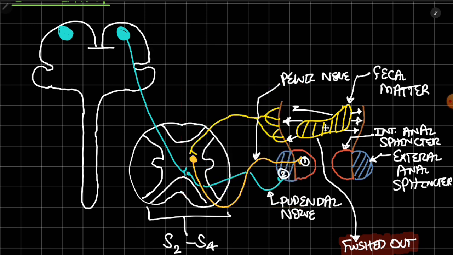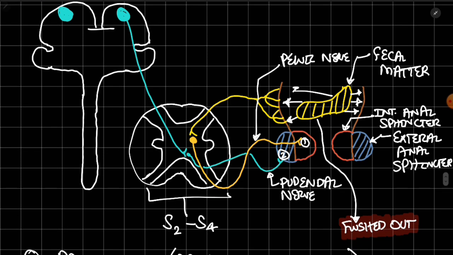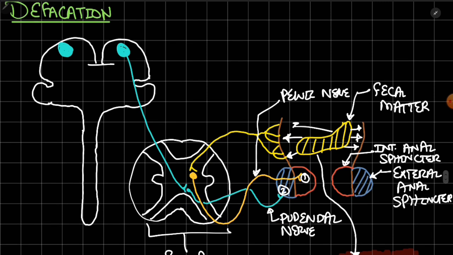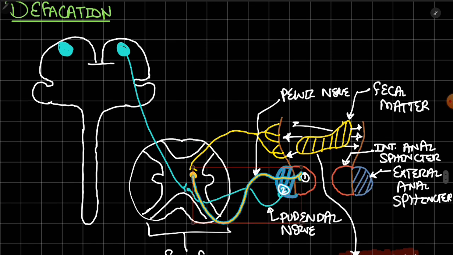This creates more and more pressure, and when it is urgent to go to the washroom, our corticospinal tract controls the motor activity and sends the signal to the spinal cord, and further this blue nerve was the pudendal nerve, which relaxes the external anal sphincter.